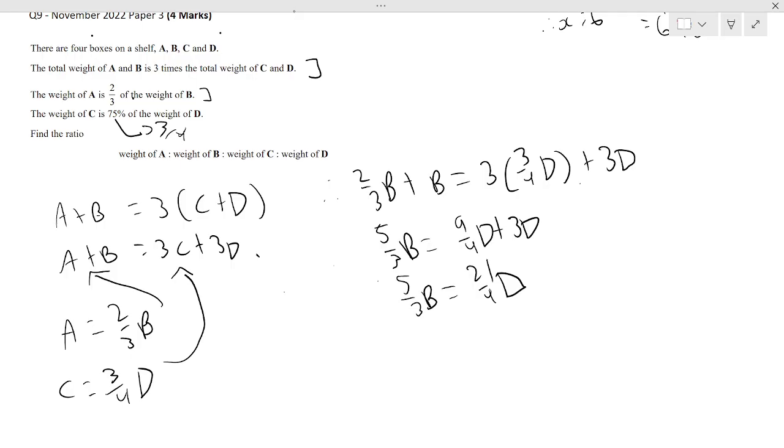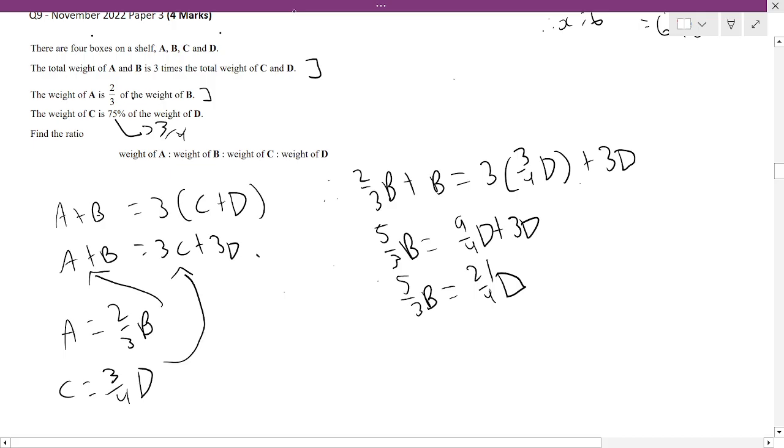Now actually, we can write the ratio of B to D. I believe you could then say the ratio B to D is going to be 5/3 to 21/4.